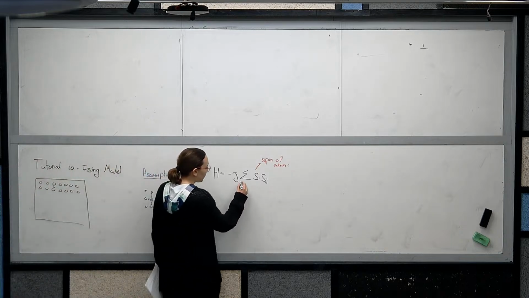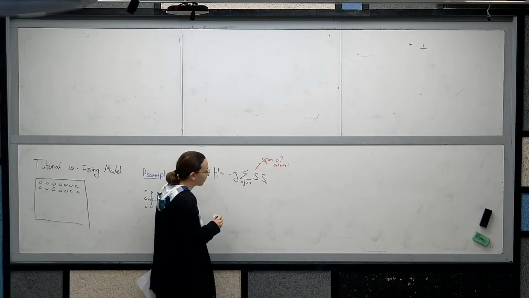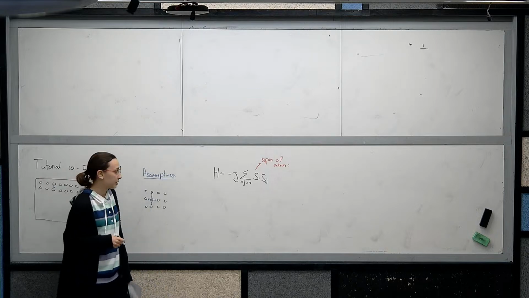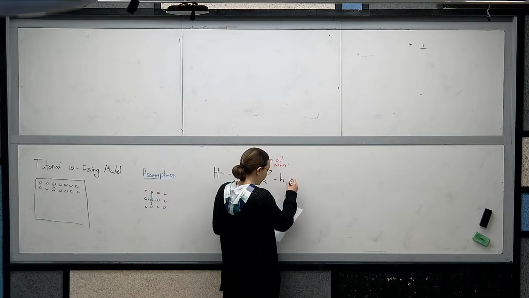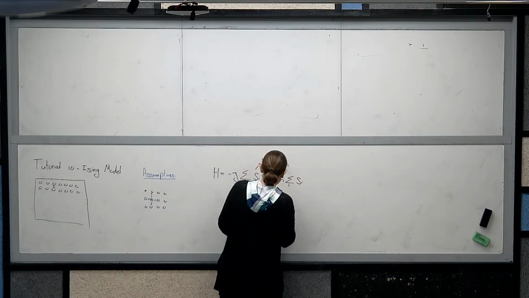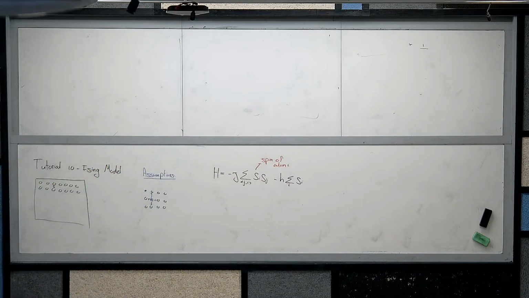We're doing this summation only over i and j that are nearest neighbors. And if we have an external field, we can insert its influence as well in the Hamiltonian. And this is the Hamiltonian of the Ising model.